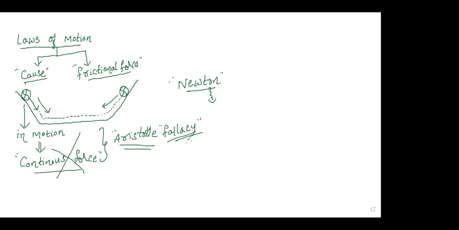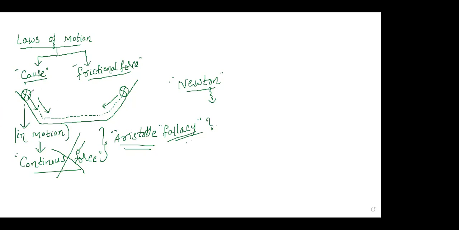Aristotle said a continuous force is required, but Newton proved that no continuous force is required to keep the object in motion. So that statement becomes Aristotle's fallacy. So what is the statement of Aristotle's fallacy? A continuous force is required to keep the object in motion. That is the statement given by Aristotle, which is a wrong statement, so it is considered as Aristotle's fallacy.